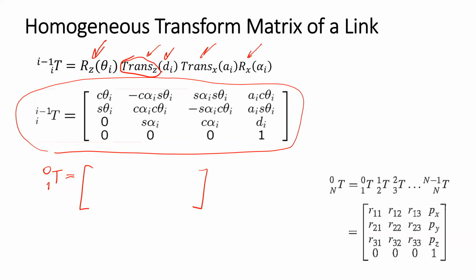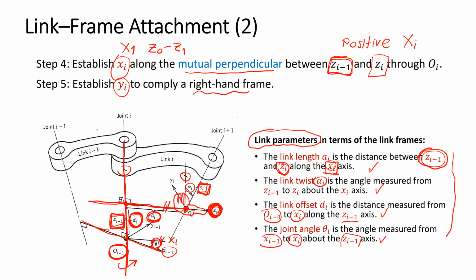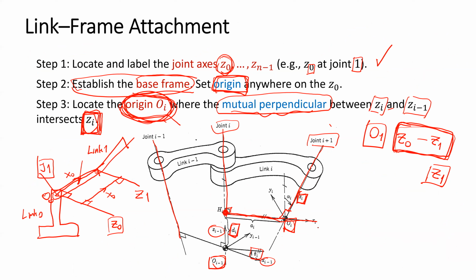And then we need to translate from this point to this point, which means we need to translate along the x-axis with the distance ai. So this is the third step.